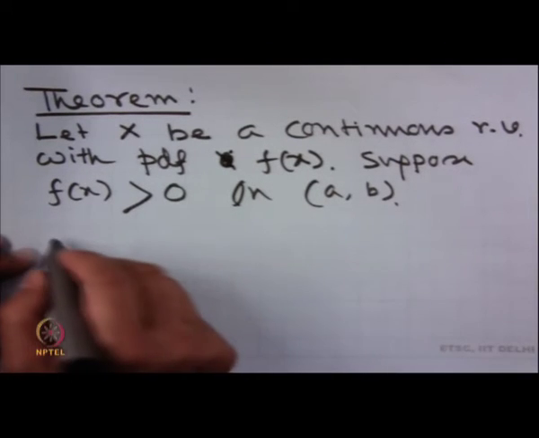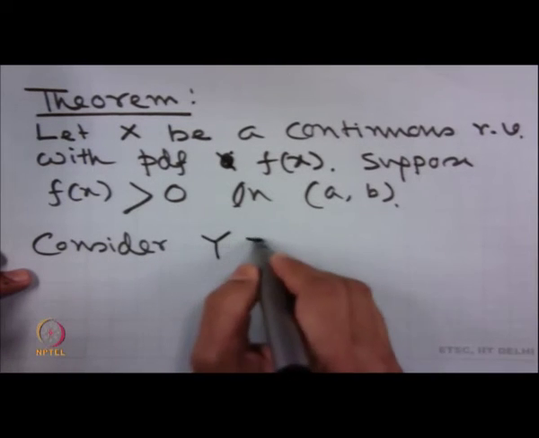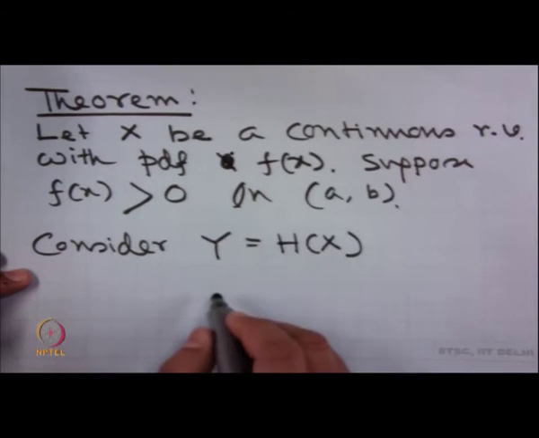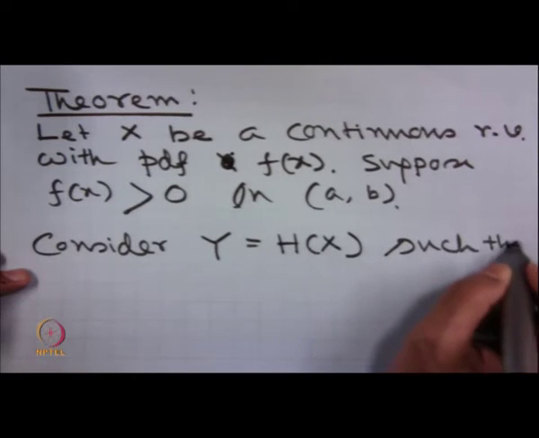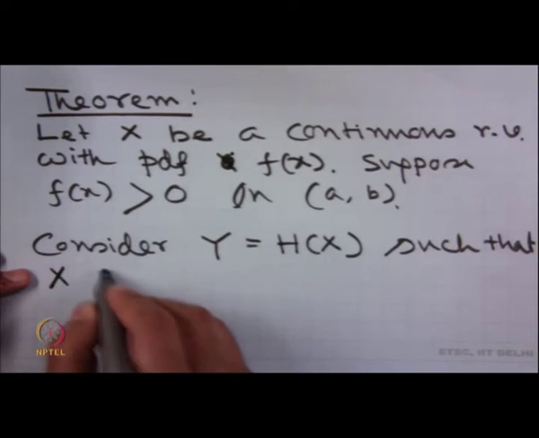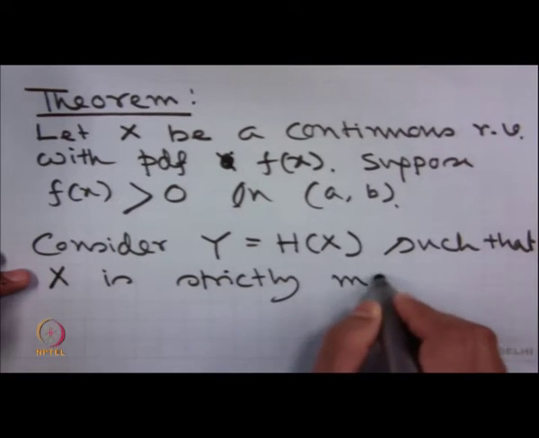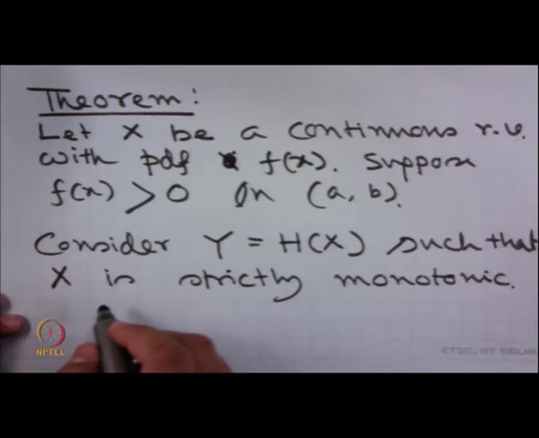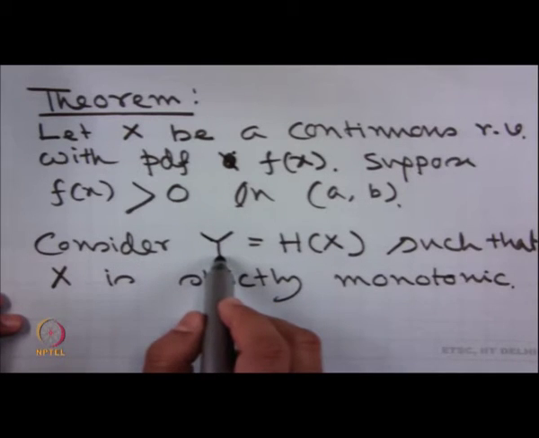Now, consider y is equal to h x, that is y is a function of x. x is strictly monotonic. So, from x we are mapping it into a random variable y which is strictly monotonic.